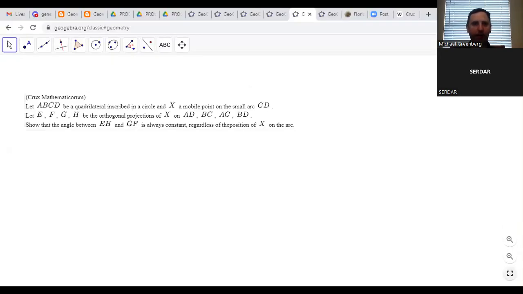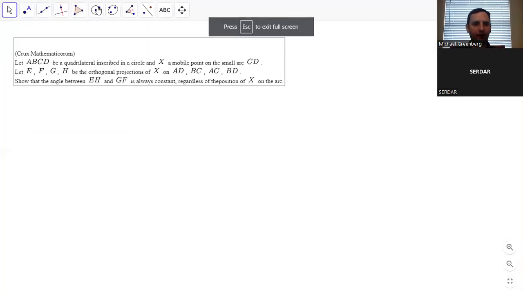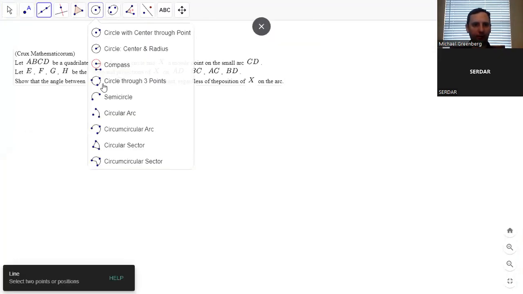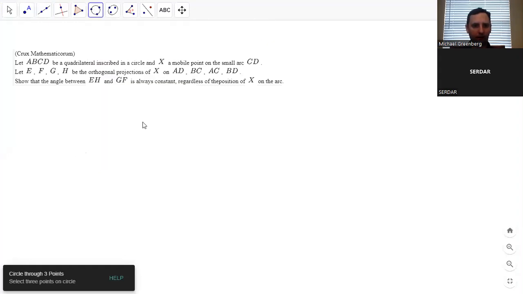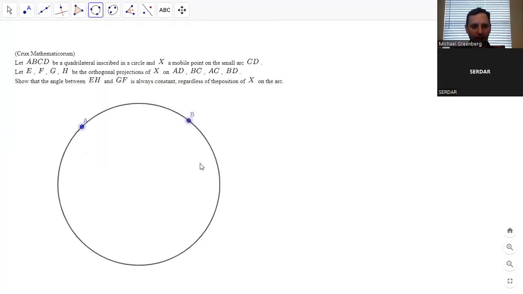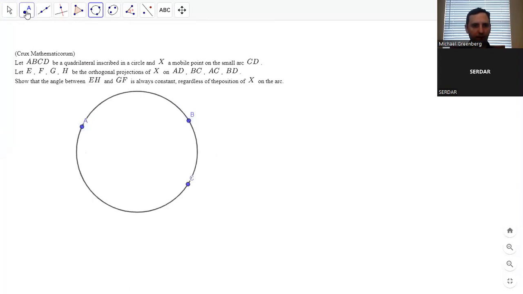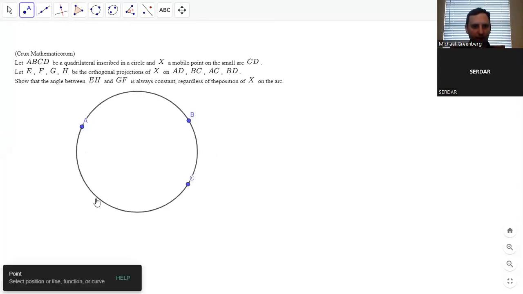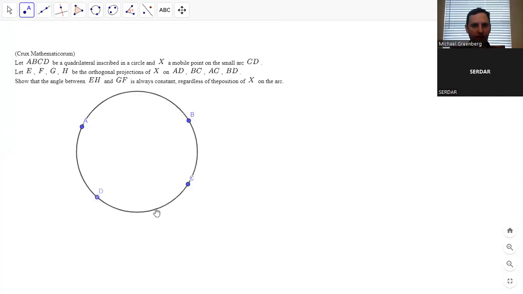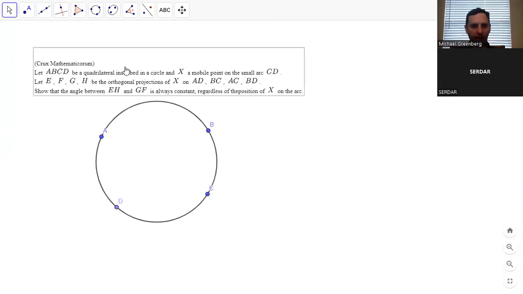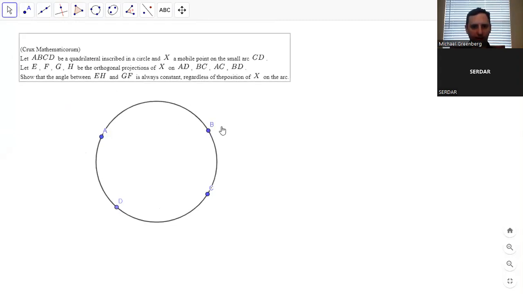So this one's kind of interesting. So we have a cyclic quadrilateral ABCD, and then X is a point on CD, and we project it onto AD, BC, AC, and BD.